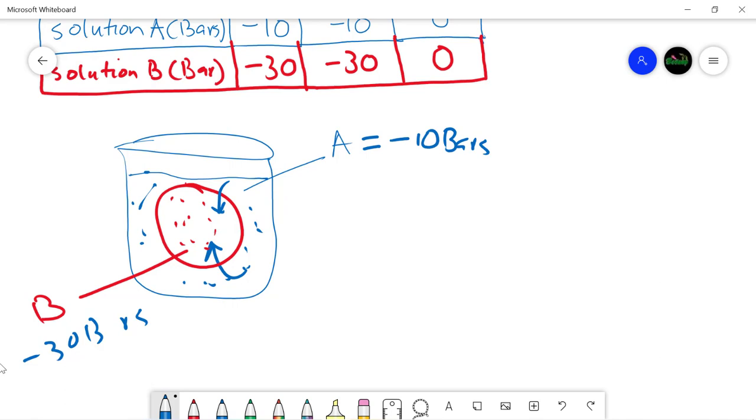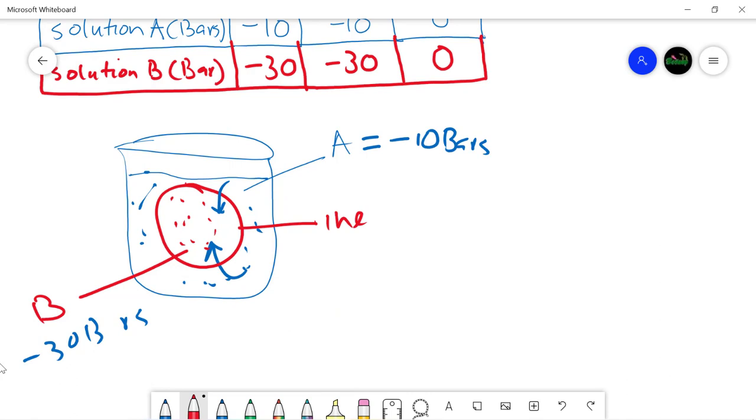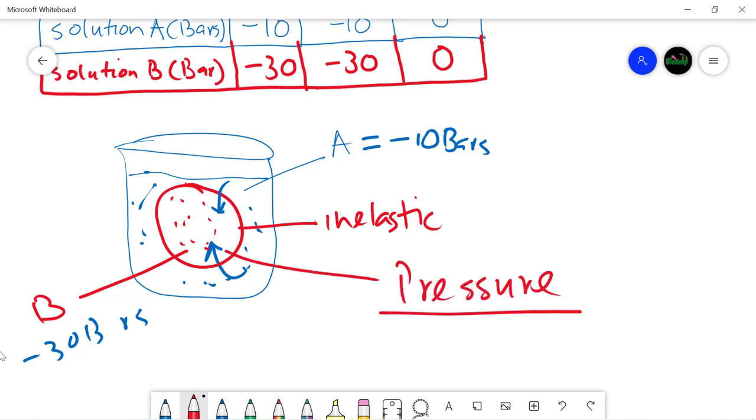Since solution B is covered by a membrane which is semi-permeable and inelastic. It is semi-permeable, so it allows the movement of water molecules, but it is inelastic, as it does not allow the expansion of container B. So as water enters solution B, pressure builds up, and this is very common in our daily life.